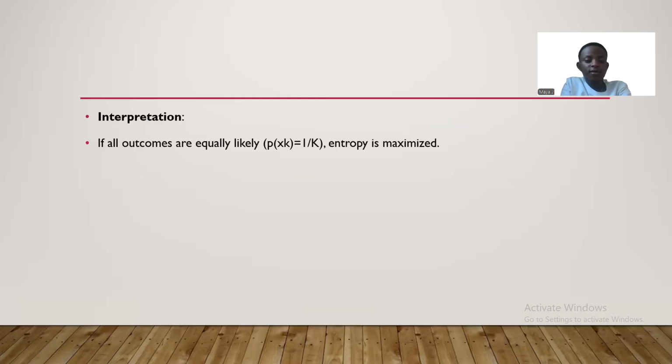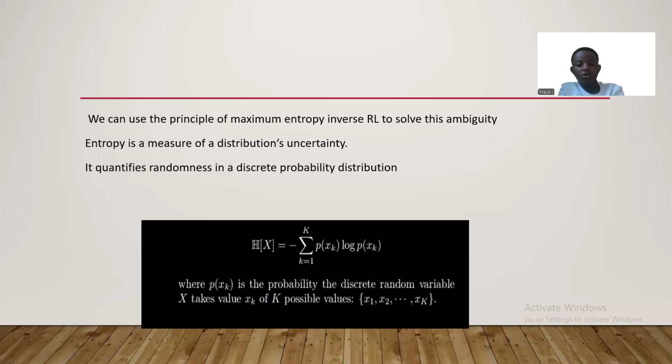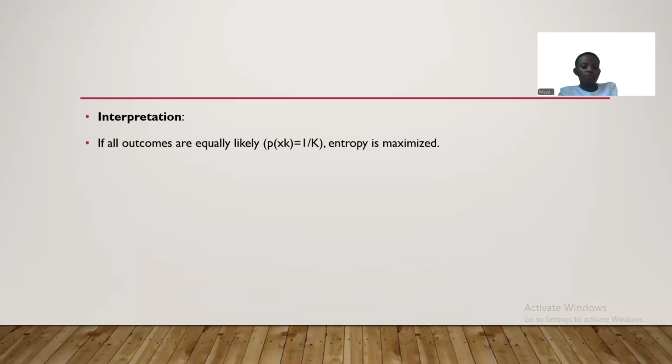So this is the interpretation. If all outcomes have equal probabilities, for example, the probability of xk is 1 out of k, the entropy is maximized.